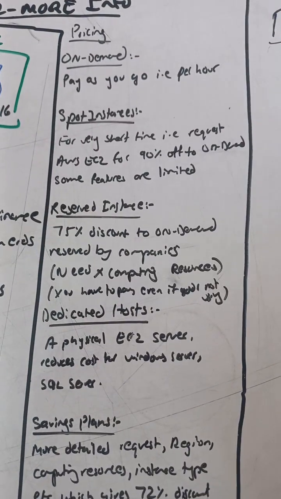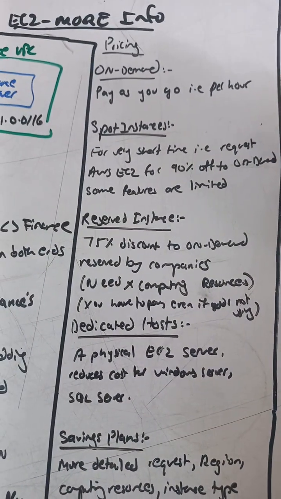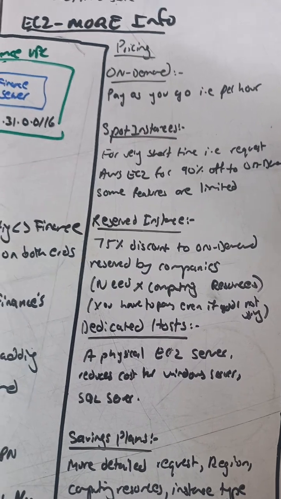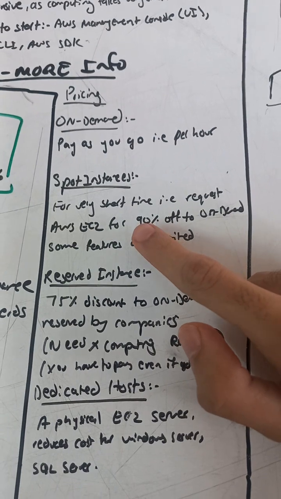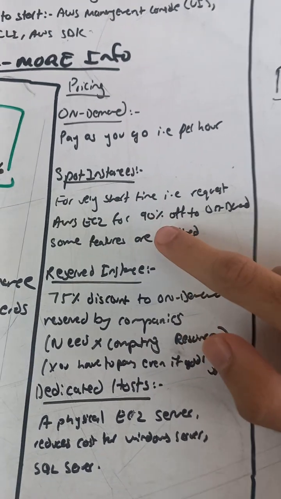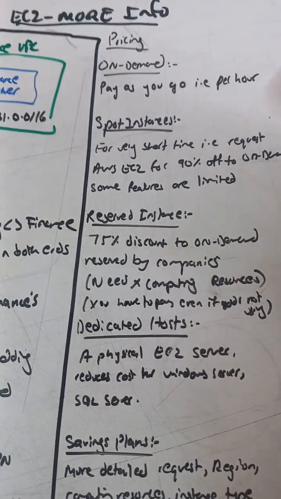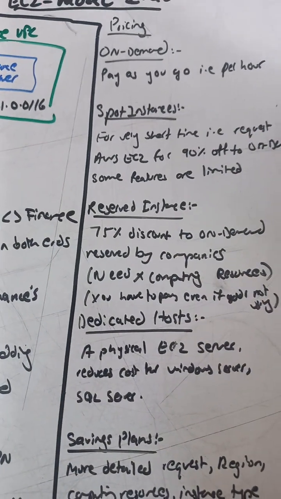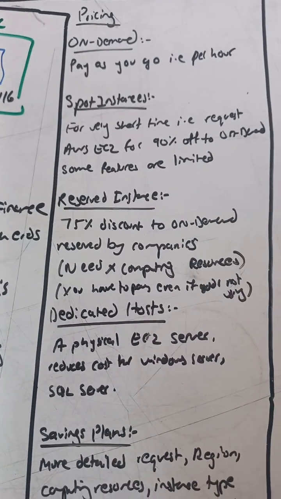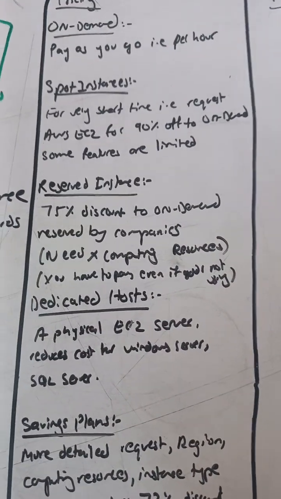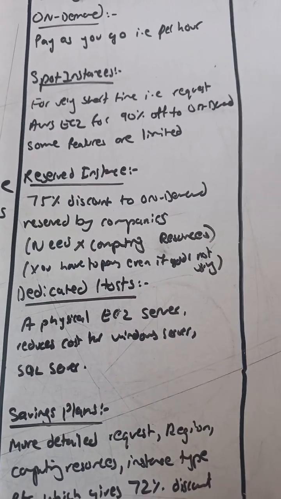Then you have your reserve instance. Also, sorry, I forgot to mention that spot instances give you a discount of 90%. For reserve instance, you get a discount of 75%, which is reserved by companies, in which you are basically saying that, okay, I am going to be using an EC2 machine with 64 GB RAM for 5 hours.